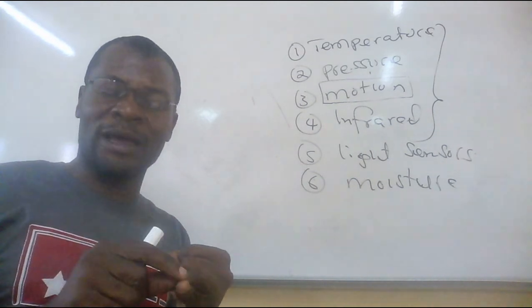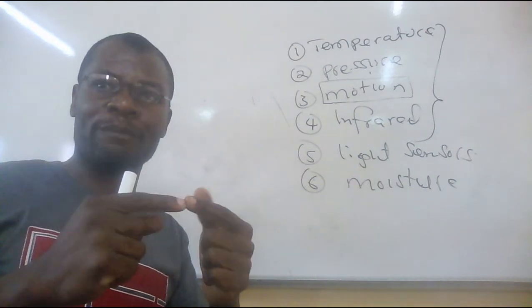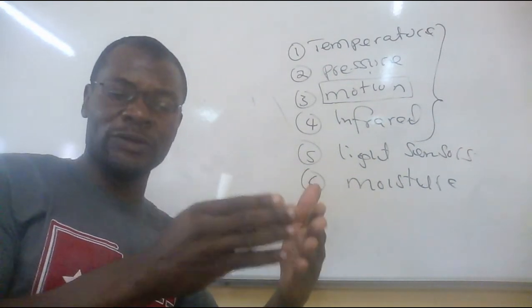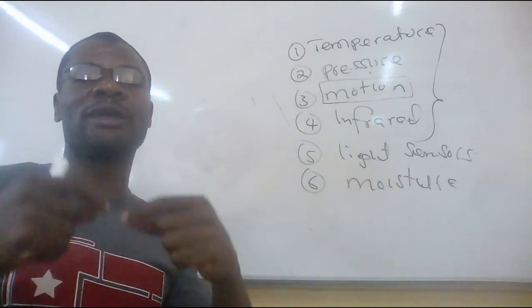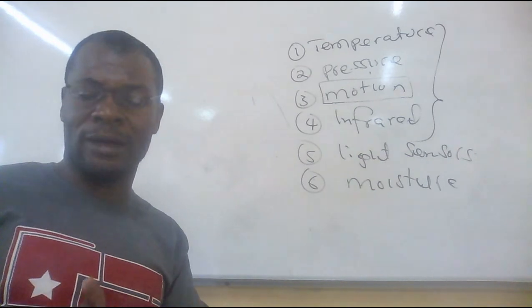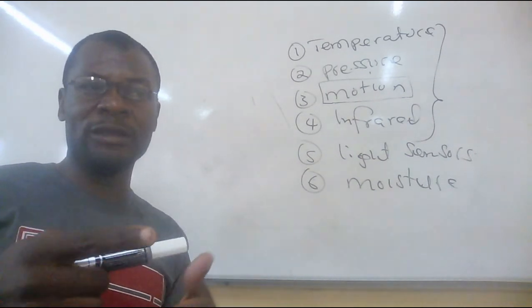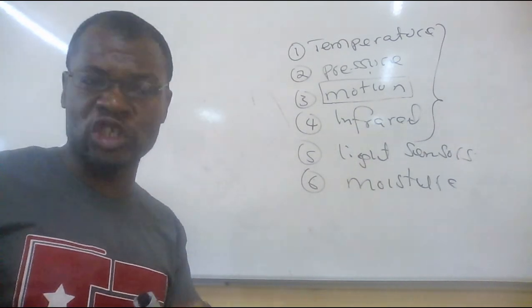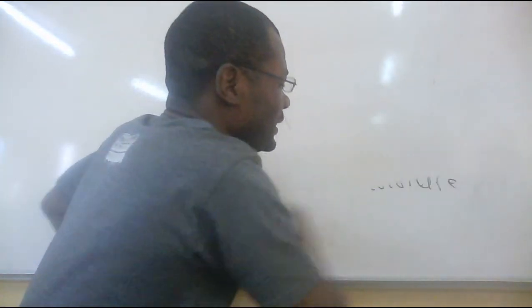When the computer understands, it is going to compare the stored data to the signal received. After comparing, that's when the computer is going to make a decision. Now, if the computer makes a decision like opening the sliding gate at Pinnacle, the device responsible for that, we call it an actuator.